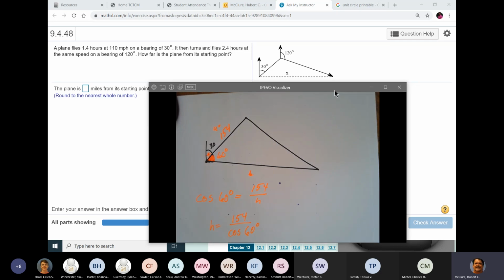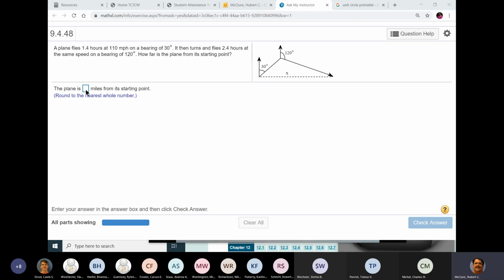So 154 divided by the cosine of 60 degrees. I got 308. Let's see, 308.